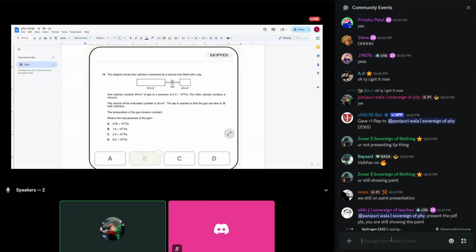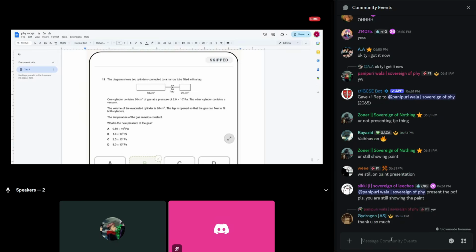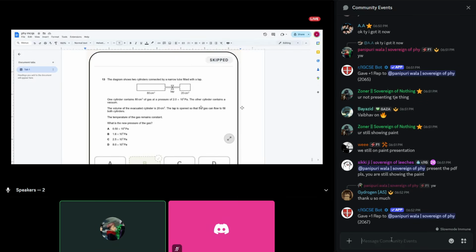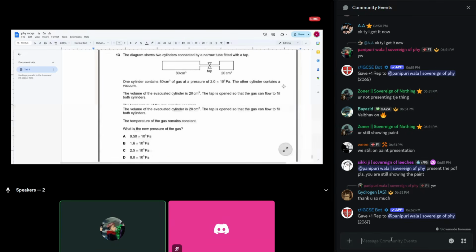Here we go. They mentioned that the tap is open so that the gas can flow to fill both cylinders. So we have to consider 80 plus 20.